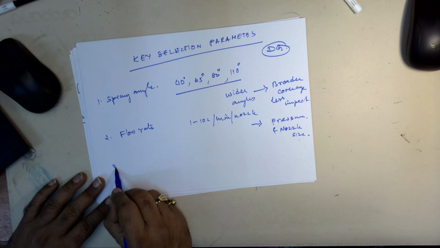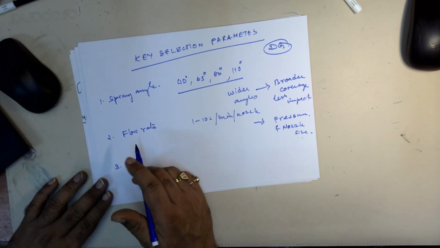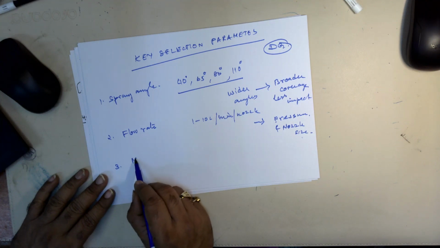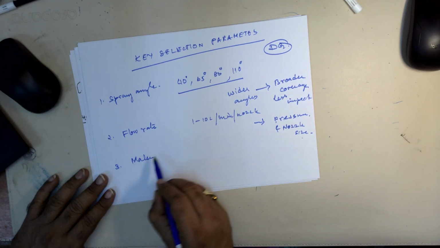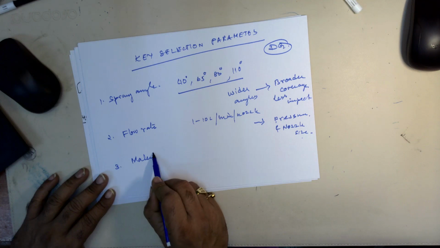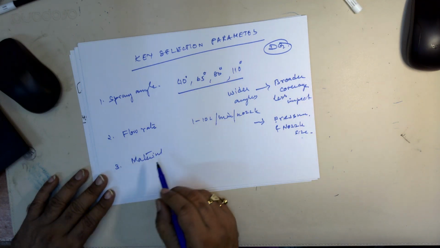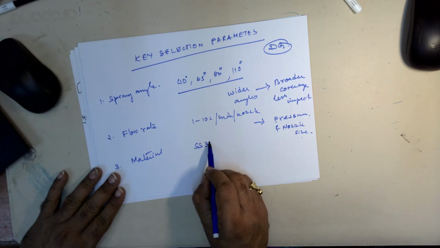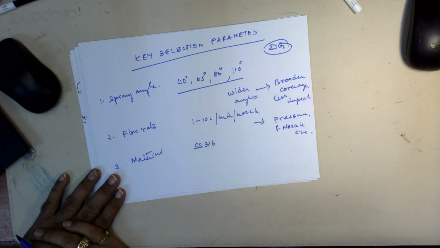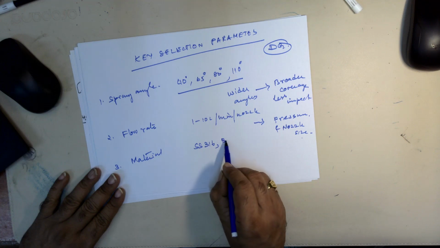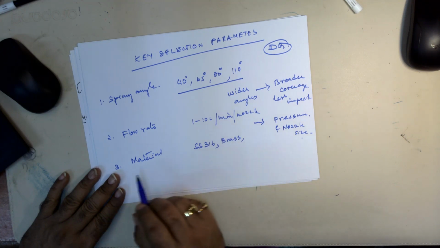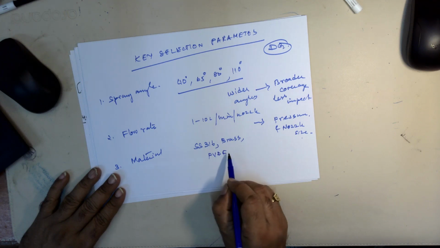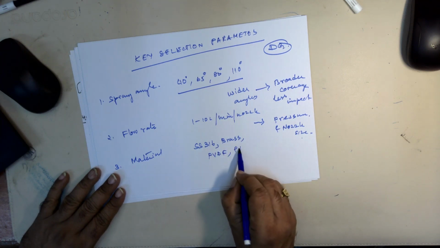And the third parameter is you have to be very careful about the material of the nozzle with which it is fabricated. Usually you always insist on SS316, or they can use brass, or they can use polyvinyl, that is PVDF, and PTFE.